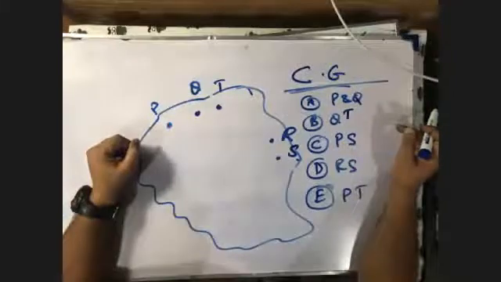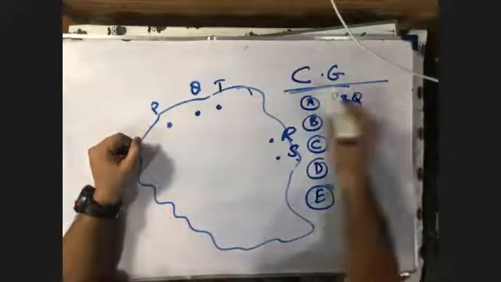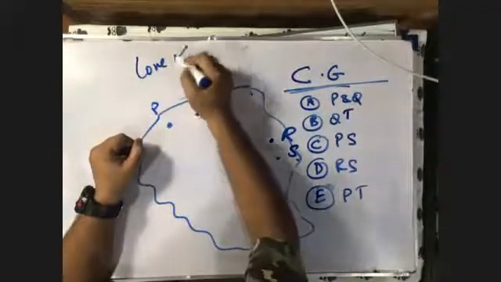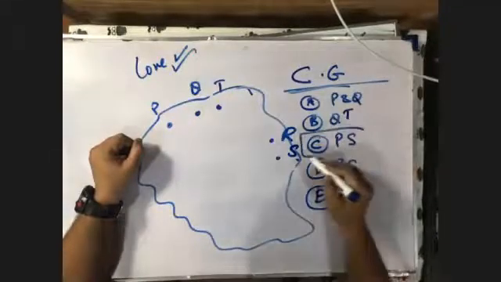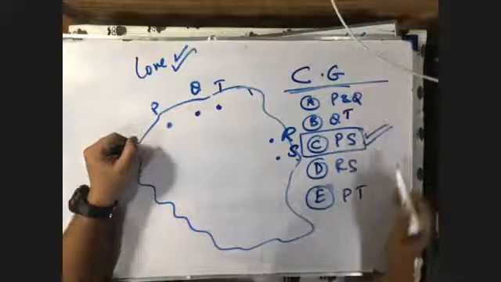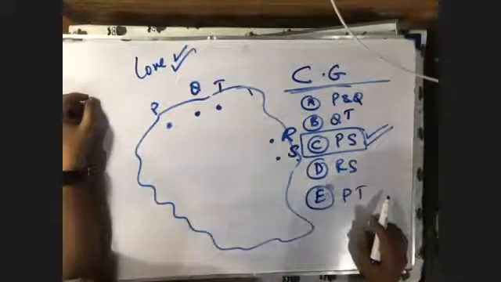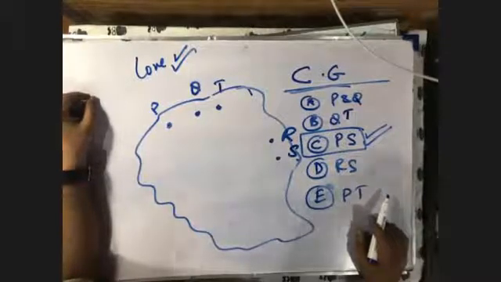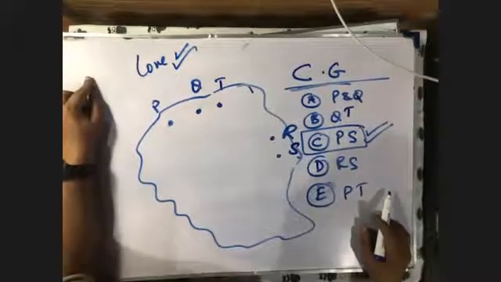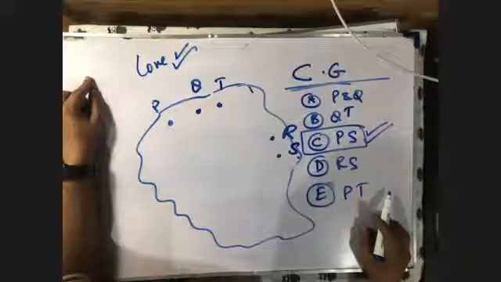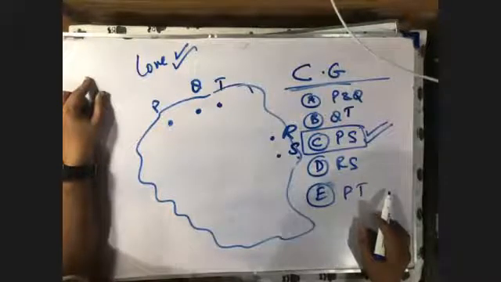Sir, me, honey. I love you, beta. That's the right answer. P and S. Brilliant. Hani, why? Sir, because it's in front of each other and it's in the middle. I guess that's why. Okay, you got the right answer.